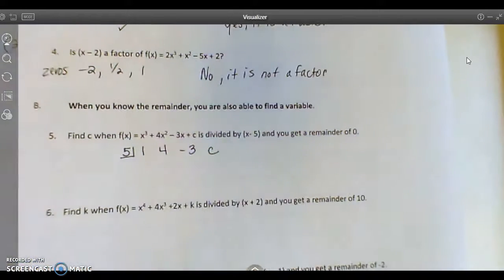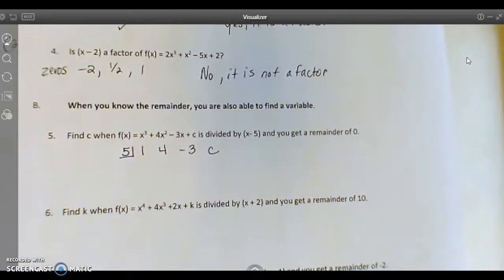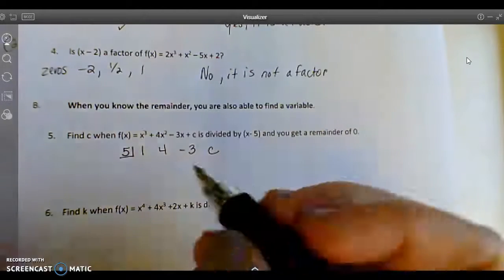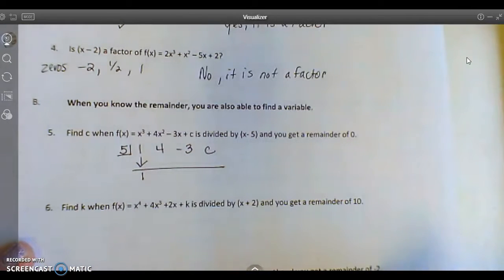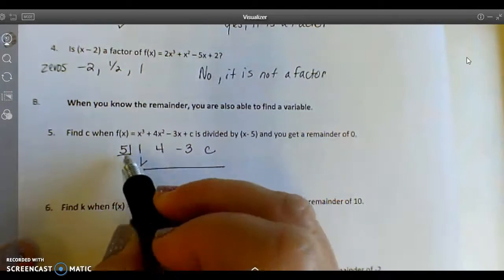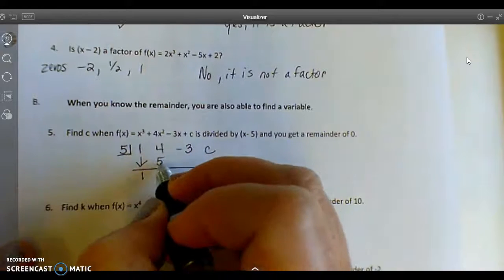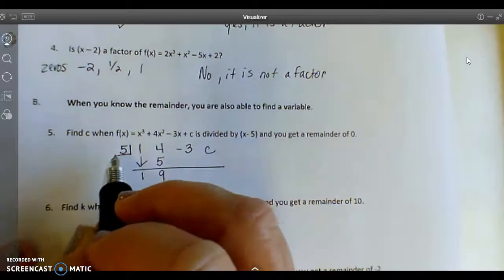I'm going to put a C there for the place of that last number. Kind of weird, but it's okay. We can do that. Alright, bring down our first number. Multiply and add. 4 plus 5 is 9.